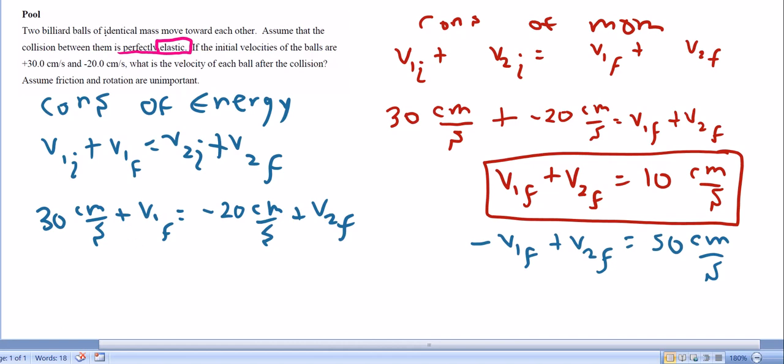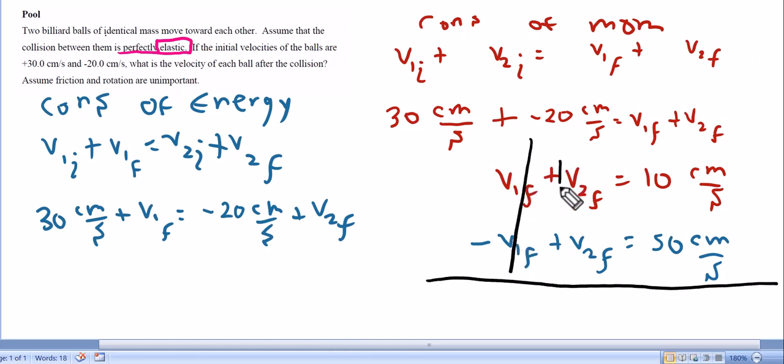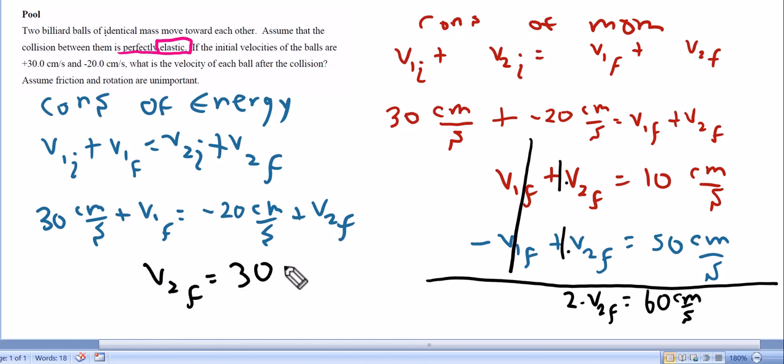This is lovely because this tends to happen quite often with these problems. I can do some Algebra 1, and you'll see that the V1 finals cancel out. Then 1 V2 final plus 1 V2 final is 2 V2 final, and that's going to be equal to 60 centimeters per second. If I divide both sides by 2, I get that V2 final is equal to 30 centimeters per second.